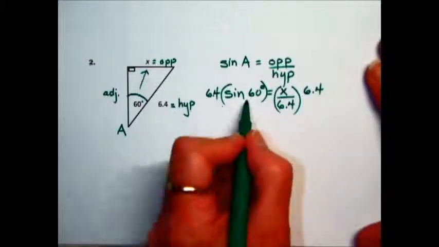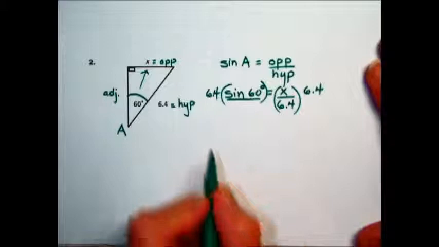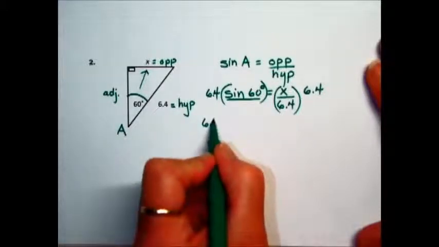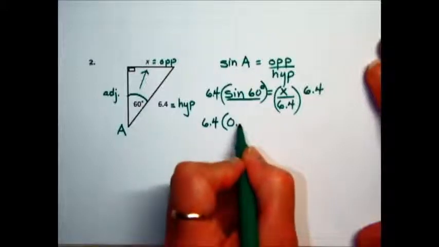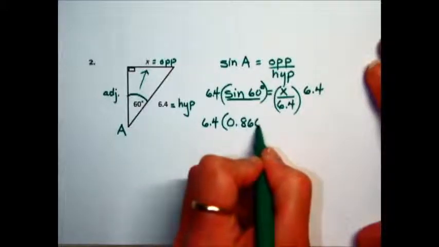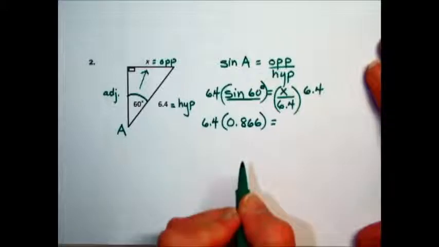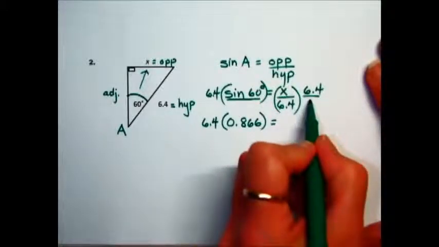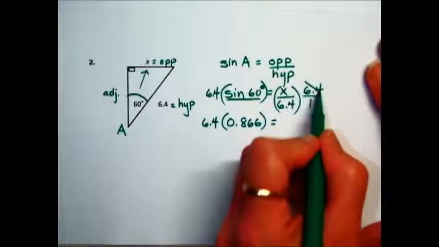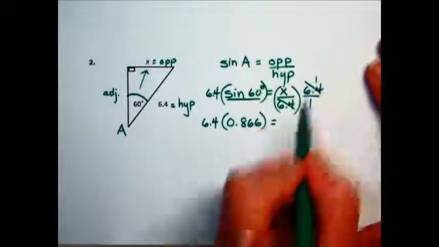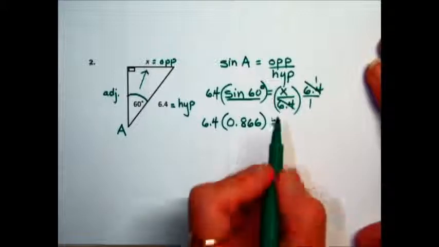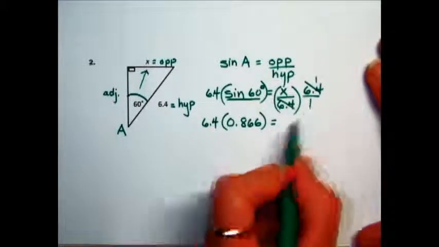First step to simplify on the left, find the value of sine of 60 degrees using your calculator. 0.866 is that value. Simplifying on the right, the 6.4 in the numerator divided by 6.4 in the denominator leaves us with a 1. x times 1 is x divided by 1 gives us x.